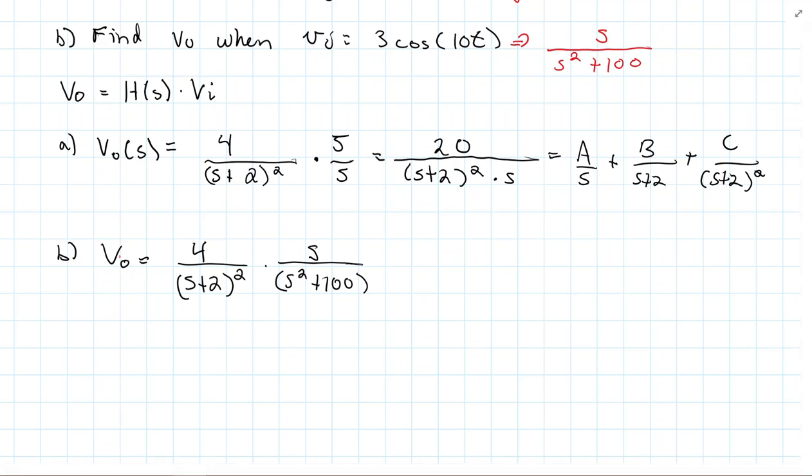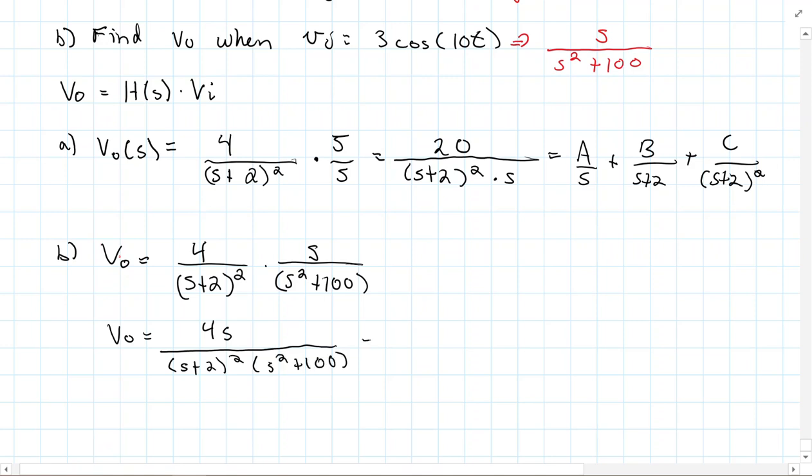Now again, I'm not going to factor this out at all, because then my V out is simply 4s over (s plus 2) squared times (s squared plus 100), which partial fraction expansion is going to give me A over s plus 2, plus B over (s plus 2) quantity squared, plus Cs plus D over s squared plus 100.